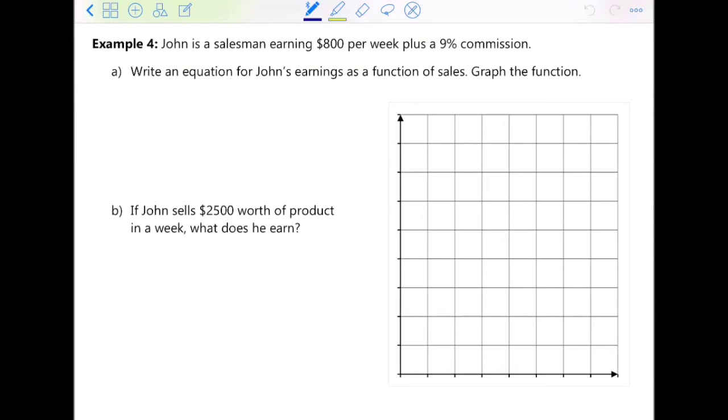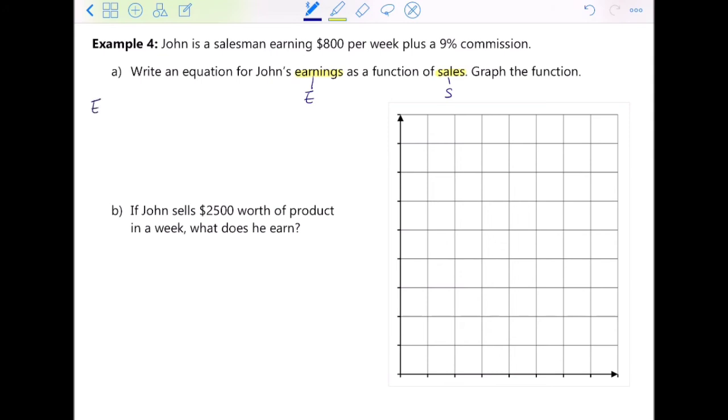John is a salesman earning $800 per week plus a 9% commission. So we're going to write an equation for John's earnings as a function of sales. So notice that earning, E, is going to be a function of sale, S, for sale.